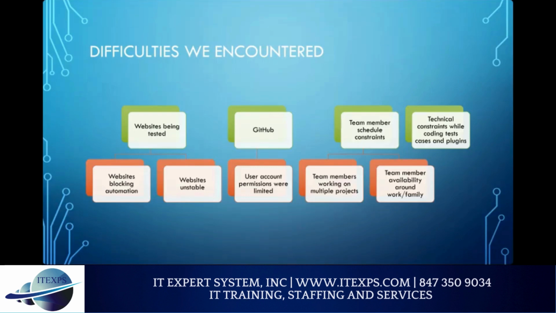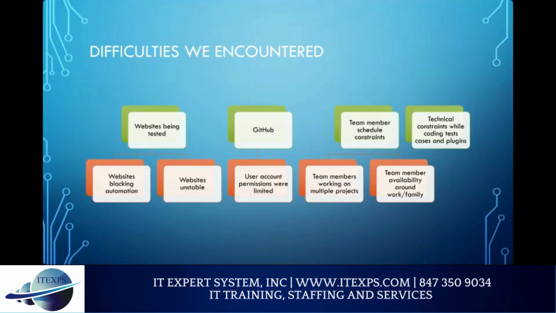So some difficulties that we encountered along the way, as we talked about earlier, there were some difficulties with the websites. We tried a variety of websites, upwards of a dozen, when we were trying to pick a website to execute our test cases on. And we had a couple issues with various websites.